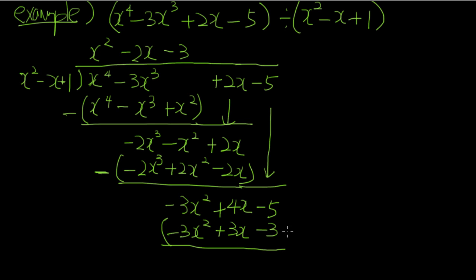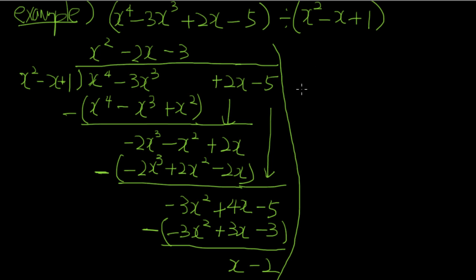Again, I'm going to subtract. First terms go. 4x minus 3x, x. Negative 5 plus 3. Now that becomes plus, right? Because the minus will change that to plus. So it'll be negative 2. That should be our remainder, right? All right, so this is our solution.